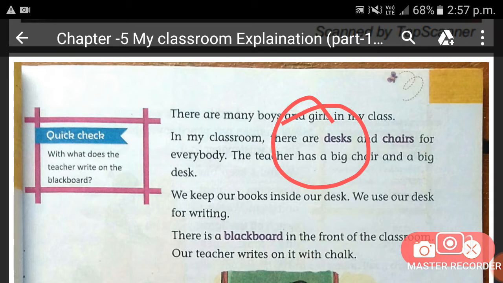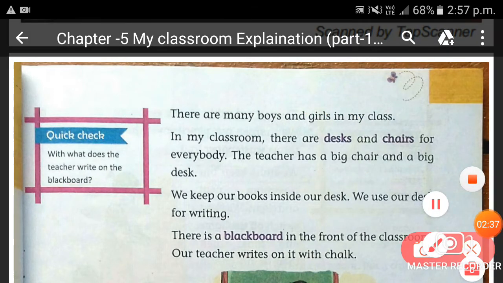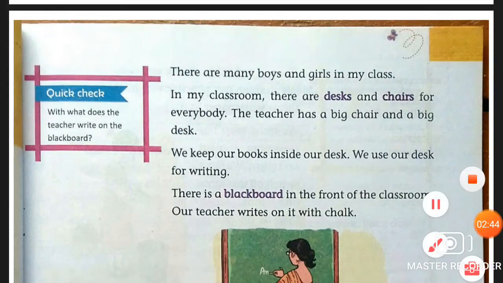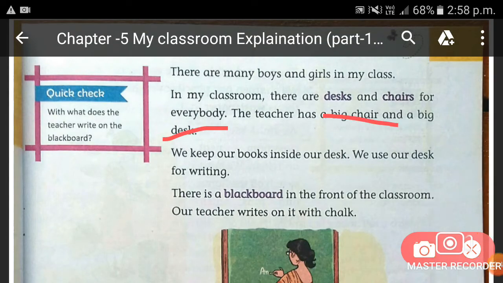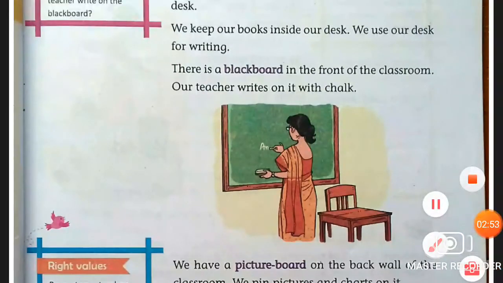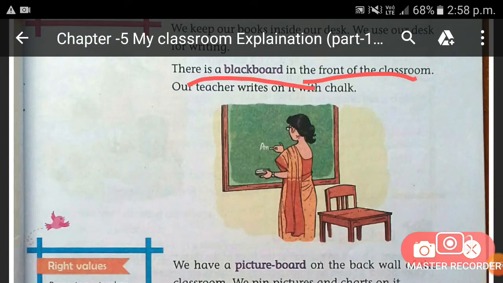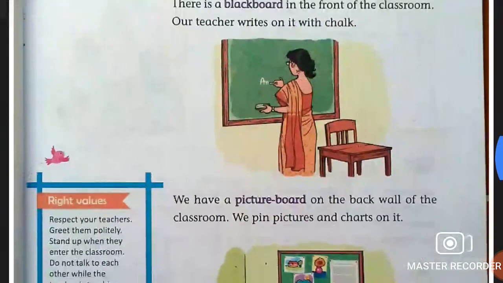Okay, and they have chairs in the classroom to sit. Okay, and the teacher has a big desk and a big chair. And what is a blackboard, students? A blackboard is a board in the front of the classroom. Teacher writes on it and teaches students.